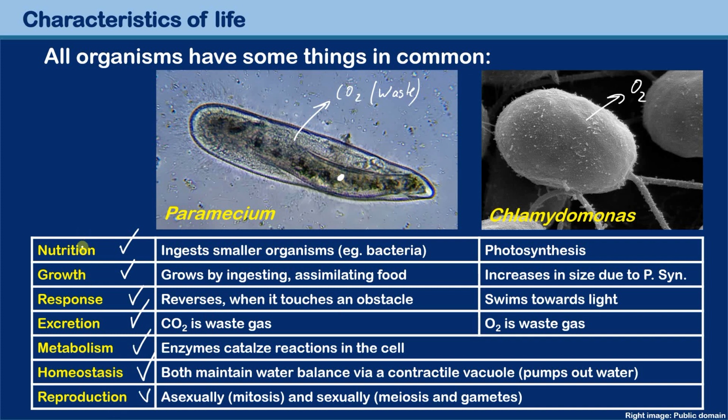And one important thing is living things must have all of them. Because what you can say is, well, actually, cars produce CO2 as a waste gas. You use fuel and they produce CO2 as a waste gas. Yeah, correct. Is a car alive?